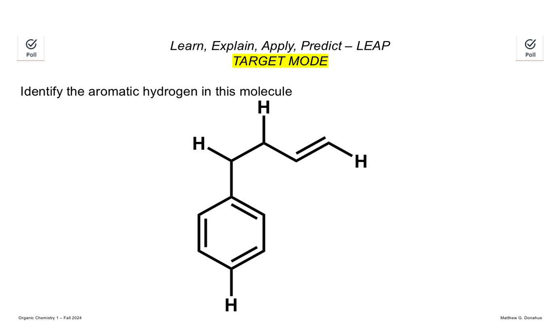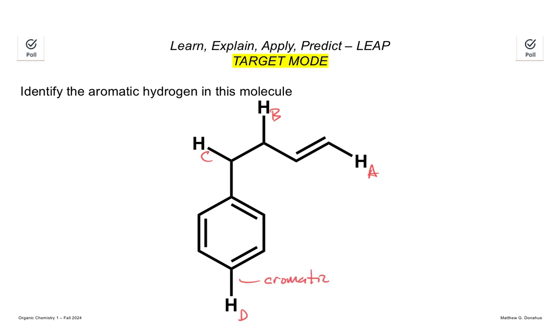So I think we have a couple of these before the mechanism. Which of the following is the aromatic hydrogen? To switch the lettering around so everything doesn't end up being A. So this is the aromatic hydrogen.